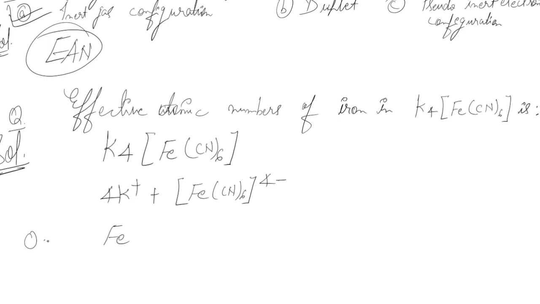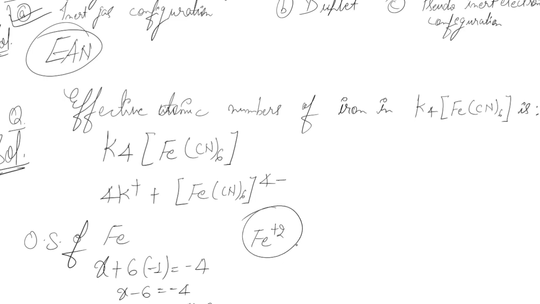How to calculate? You know that x plus 6 times minus 1 equals minus 4. So x minus 6 equals minus 4, and x will be minus 4 plus 6, that is plus 2. So iron is present in plus 2 oxidation state.